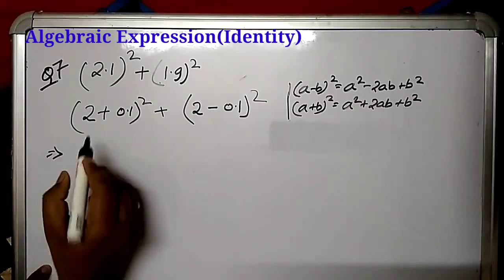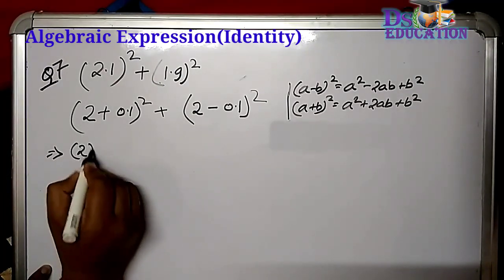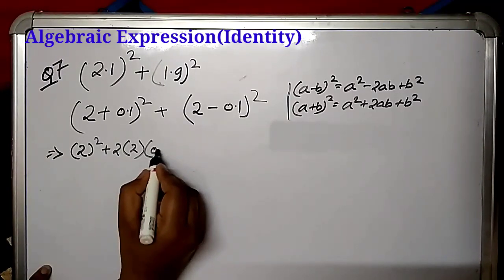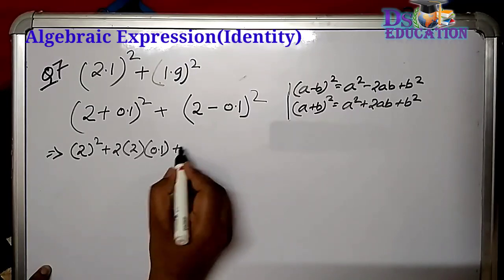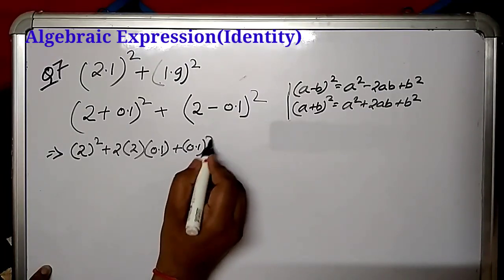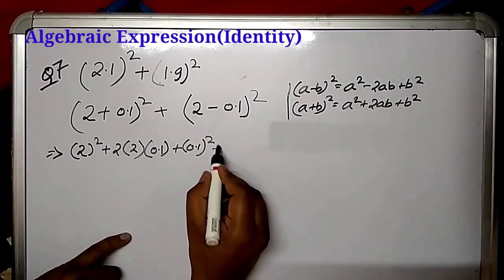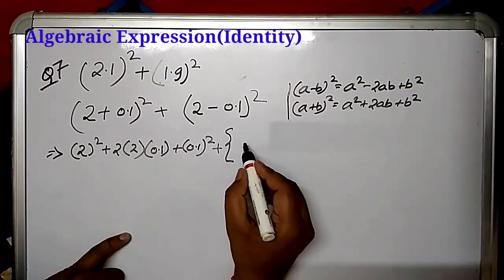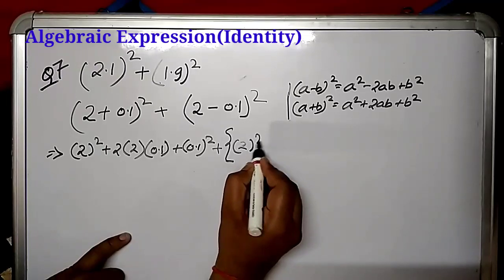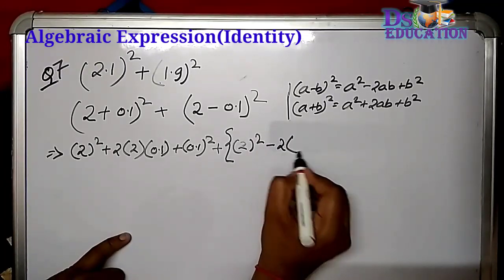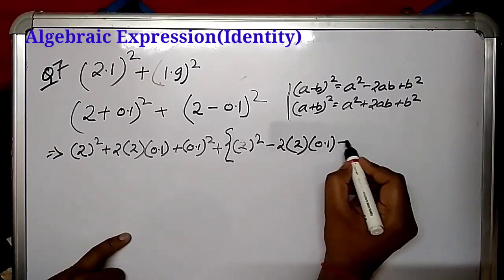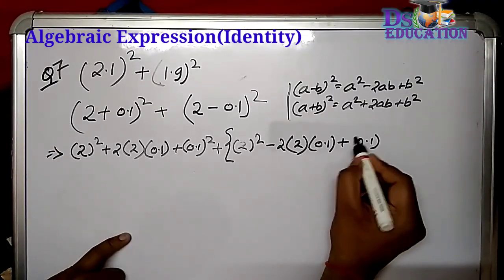Now here I will apply a plus b, that is 2 whole square plus 2 bracket 2. Apply the bracket the first time so that you do not make any mistake. I am applying a curly bracket over here because further also I have to use a bracket. So here 2 whole square minus 2 bracket 2 into 0.1 plus 0.1 whole square.